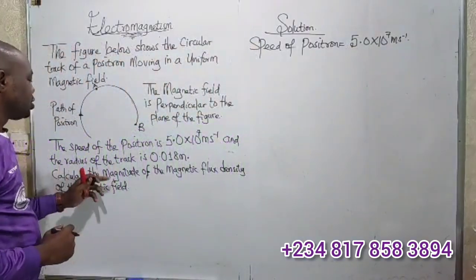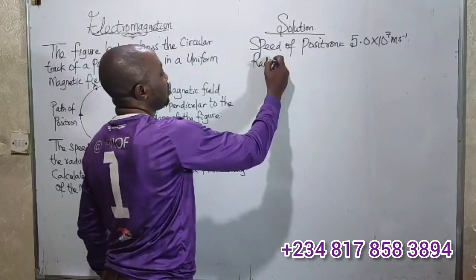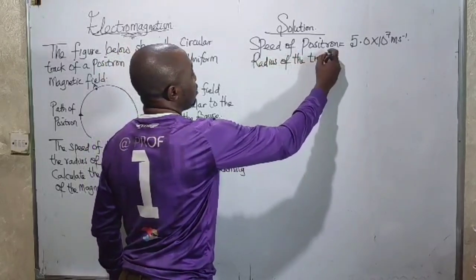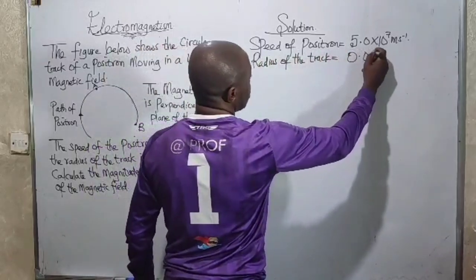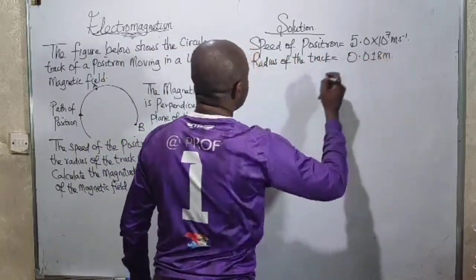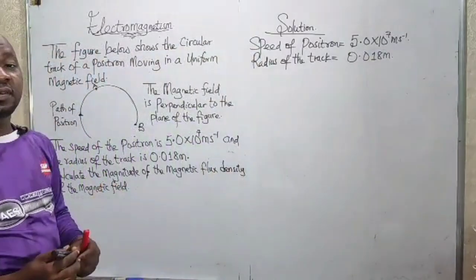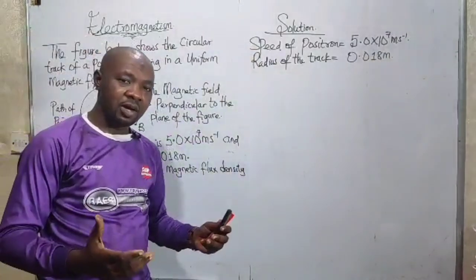Then we are also given the radius of the track, which is 0.018 meters.